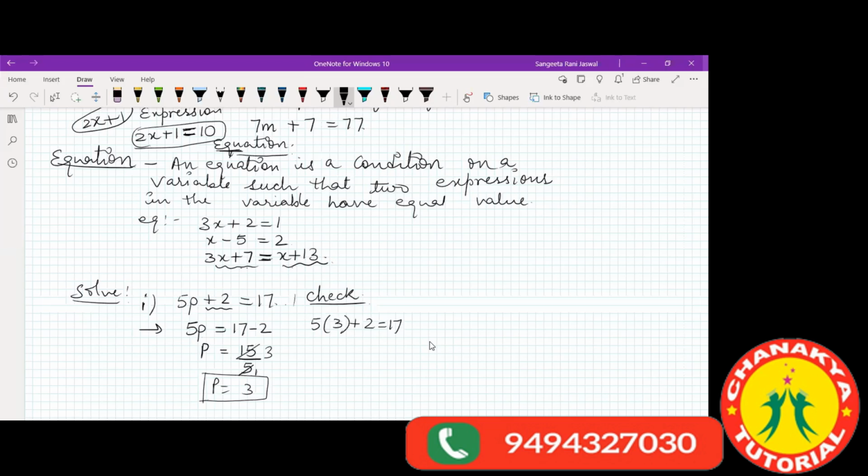I am checking my answer, whether my answer is correct or not. So left hand side is equal to right hand side. And that shows that my answer is correct.